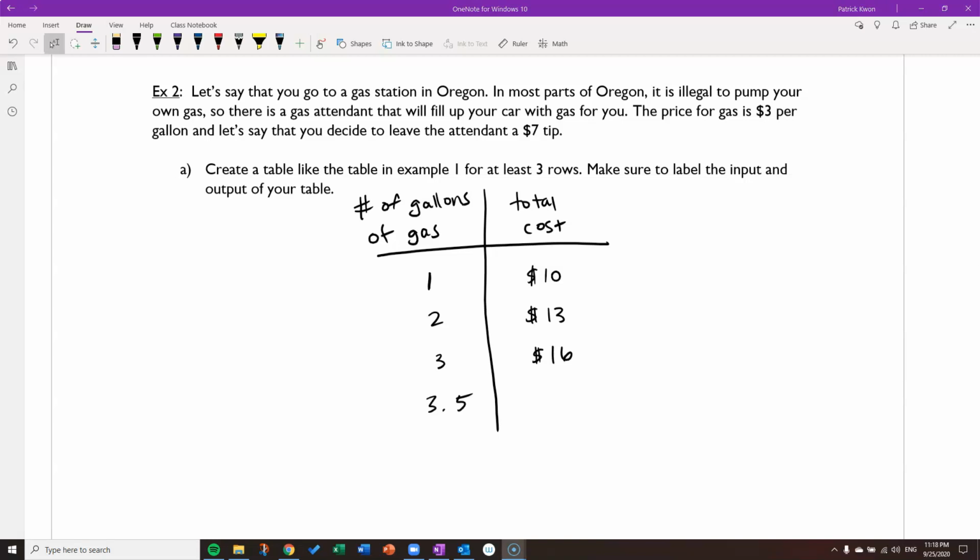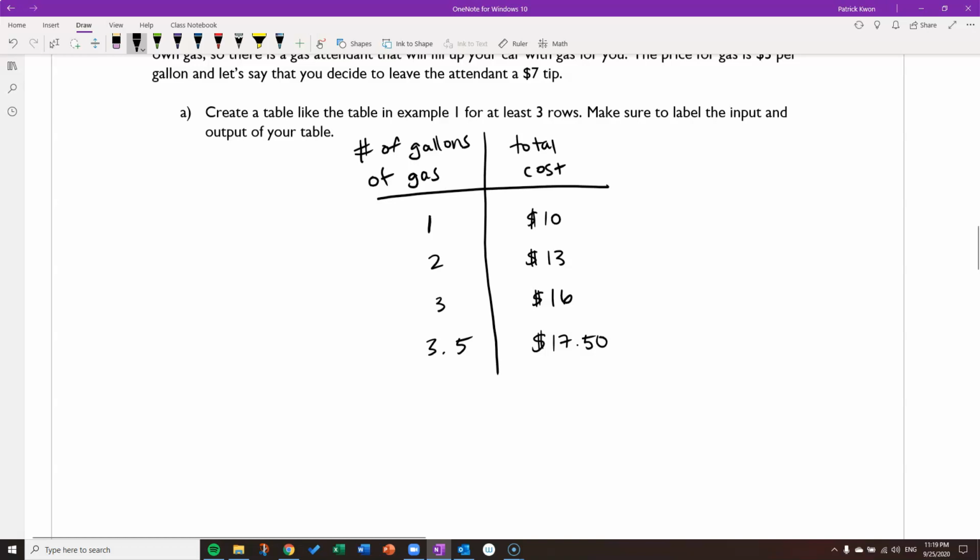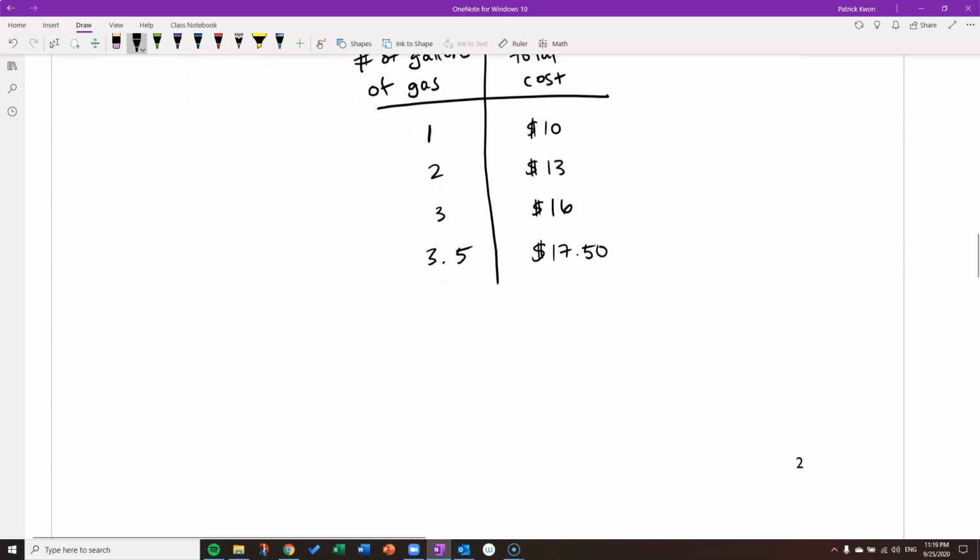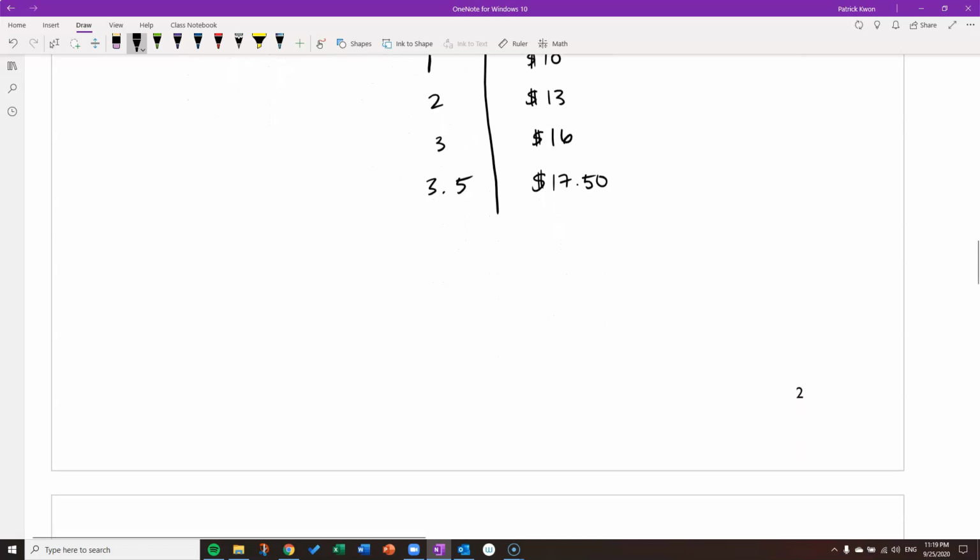Now this problem is a little bit different than the previous one in that I can get fractions of gallons. So if I got 3.5 gallons, then 3.5 times 3 is $10.50 plus 7, so our total would be $17.50, which is totally reasonable in an example like this. So I've gone ahead and put 4 rows in there, so that should be good.